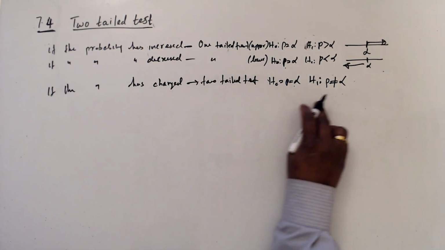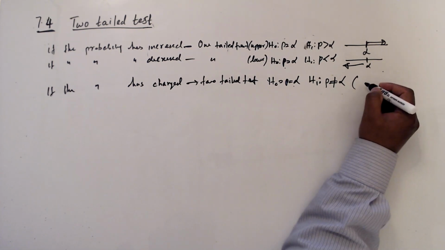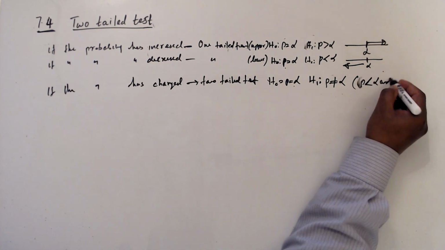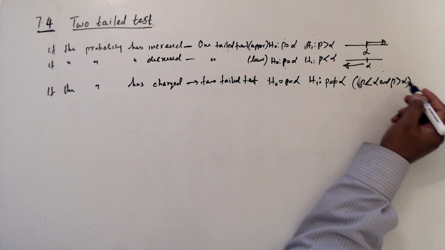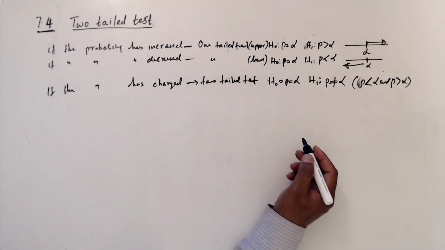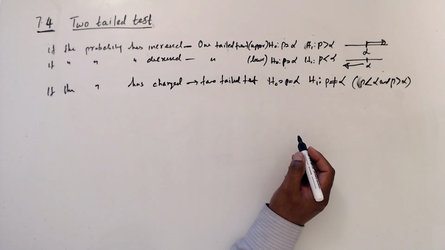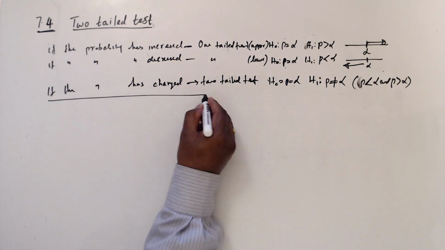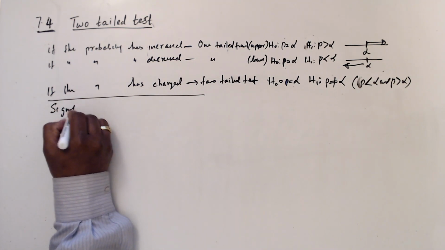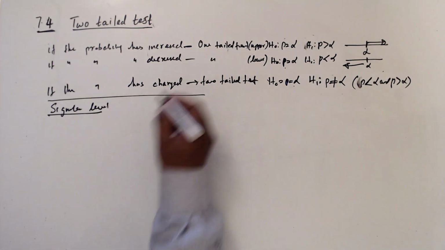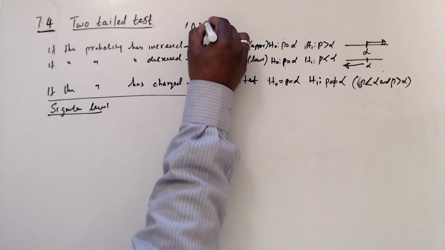So as a result, now you have to check both sides. H1: probability less than alpha and probability greater than alpha. Lower and upper, both tails are in one experiment now. In terms of significance level, assume in general we give a 10% significance level.